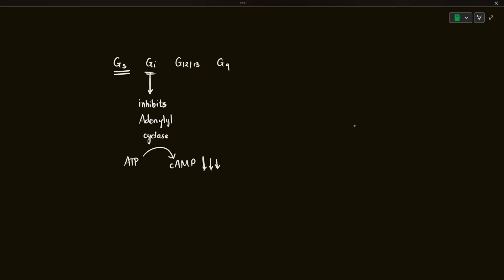Now this GEF will replace the GDP which is bound to the GI protein. The GI protein, which was initially bound with GDP, will have it replaced with GTP, because of the GEF working on it.